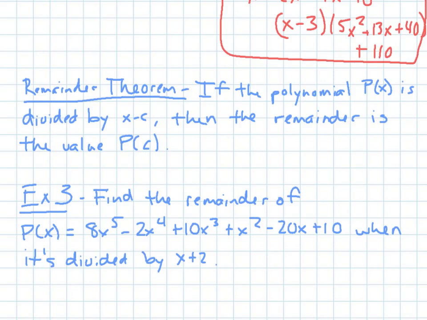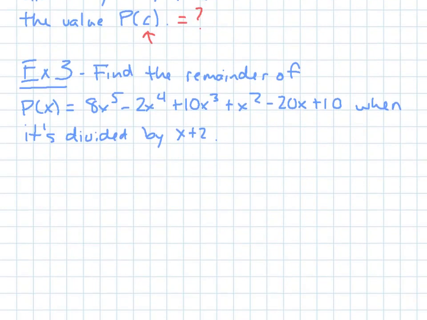So what it's saying here is that when you divide by a binomial, so really you're dividing by what x equals, then when you use synthetic division, the remainder that you end with is actually the y value for that c. So it's almost like taking the c, plugging it into your function, and getting out the y value at the end. So it's like another way of plugging a number in.